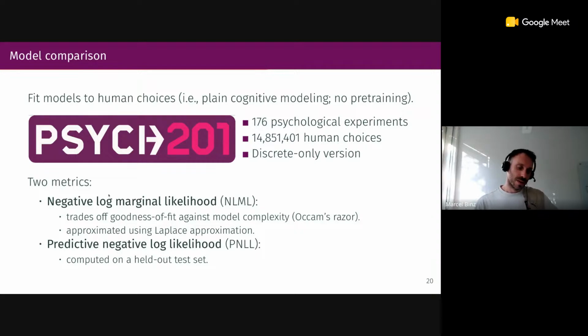We also use Bayesian model selection criteria in the form of negative log marginal likelihoods. This is essentially a transformed version of the Bayesian model evidence, trades off goodness of fit against model complexity, and therefore implements a form of Occam's razor. In this case, we approximate this using a simple Laplace approximation.